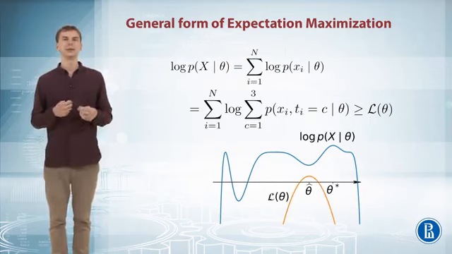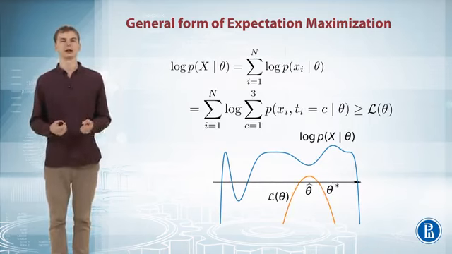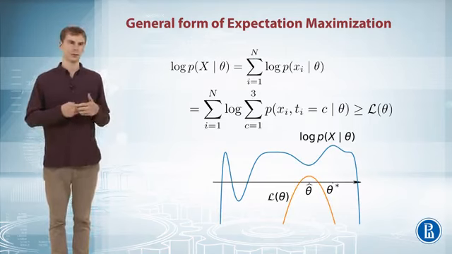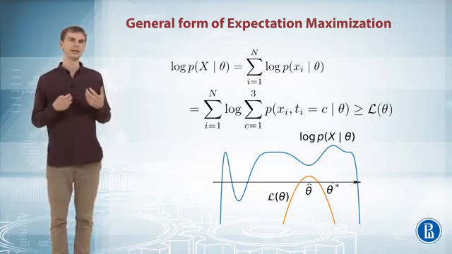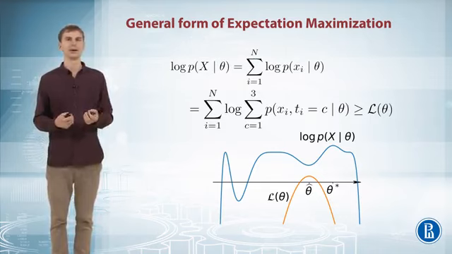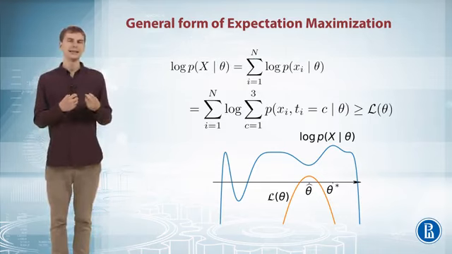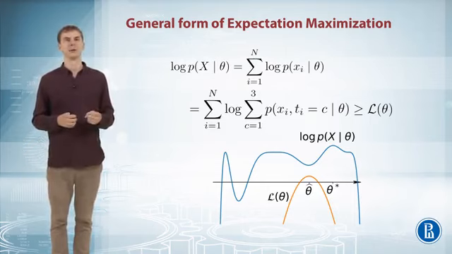Now we can lower bound this function. So we can find a function L, which is less than or equal to our marginal log likelihood at any given point. And we will build it in such a way that it's easy to maximize. So we can find its maximum theta hat and use it as kind of proxy for the maximum of the original log likelihood, the blue curve.